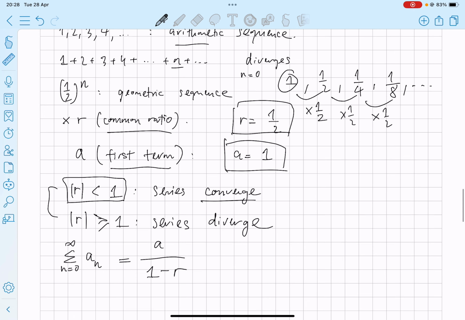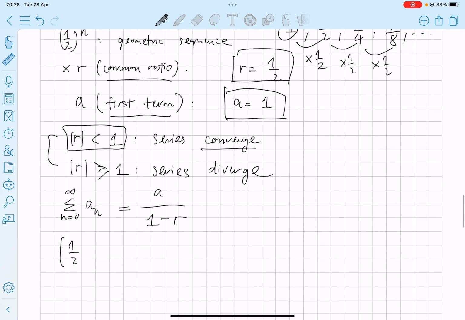So we apply it to the sequence we used as this example: the sum of 1/2 to the power of n, from n equals 0 to infinity, is equal to 1, because a equals 1, over 1 minus the common ratio 1/2. And it gives you the answer of 2.